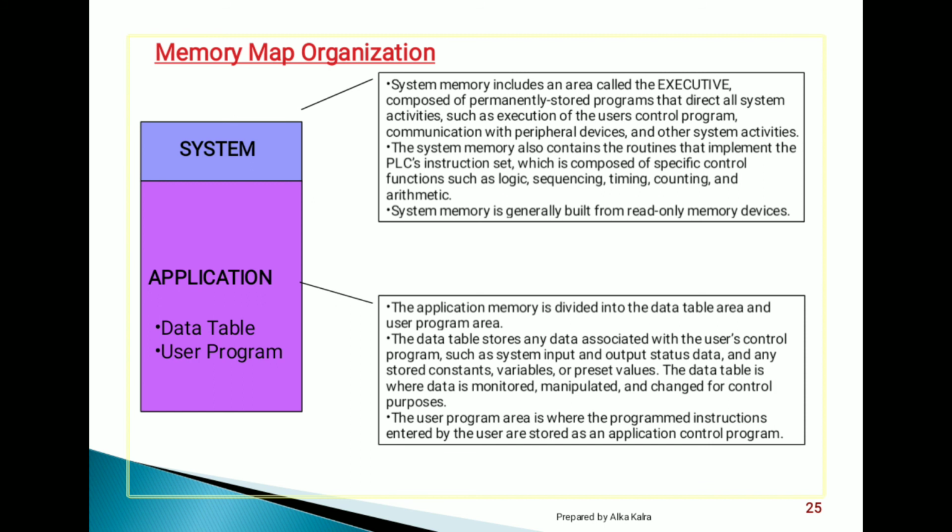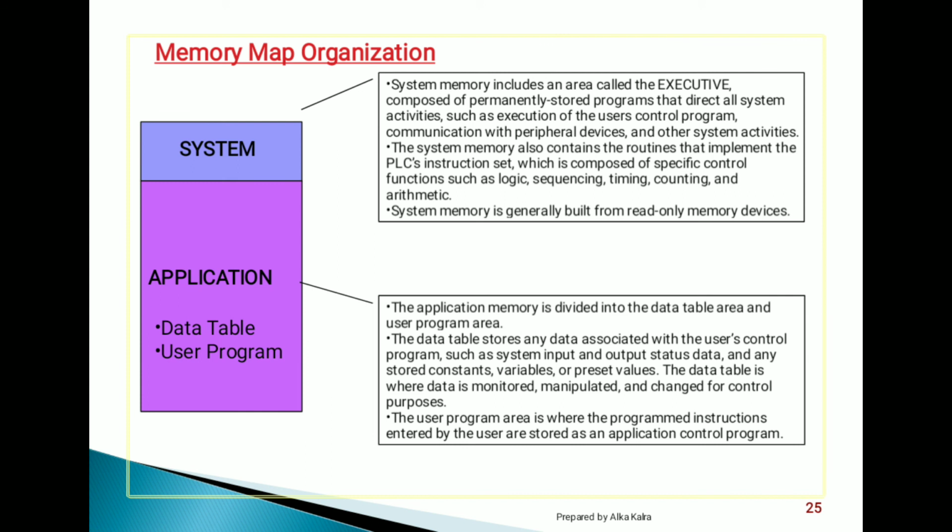Now if we talk about the memory map of a PLC, this is a very important question from the exam point of view. For the memory map we have two types of memory, system memory and application memory. In system memory, we have the permanently stored program, which is the operating system that directs all the system activities, communication and peripheral devices.